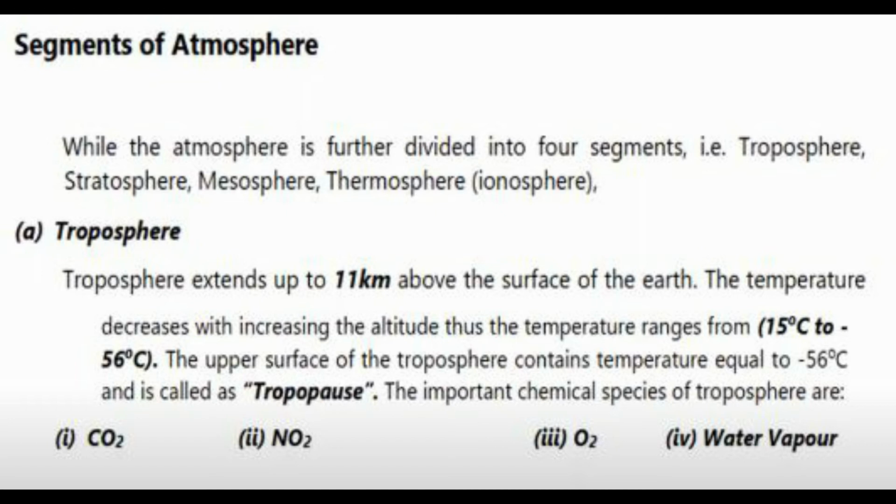The temperature decreases with increasing altitude, ranging from 15 degrees Celsius to -56 degrees Celsius. The upper surface of the troposphere, at -56 degrees Celsius, is called the tropopause. The important chemical species of troposphere are carbon dioxide, nitrogen dioxide, oxygen, water vapors.